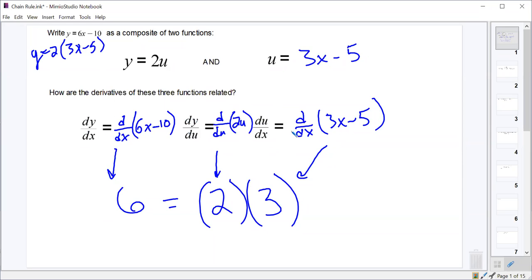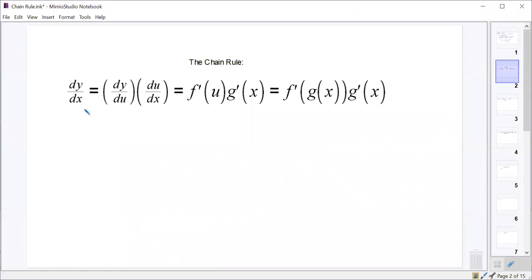That is one of 3 basic notations for the chain rule that you will get used to seeing. Okay? Dy dx equals dy du times du dx. This rule right here. You will memorize that as the chain rule.